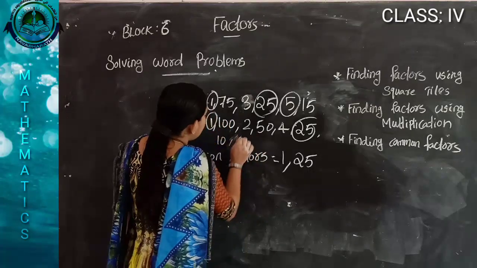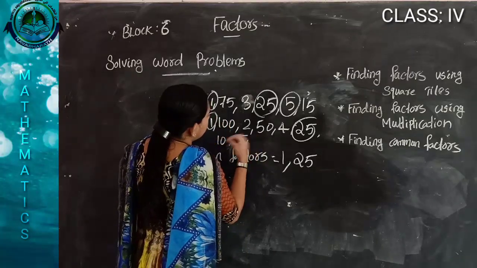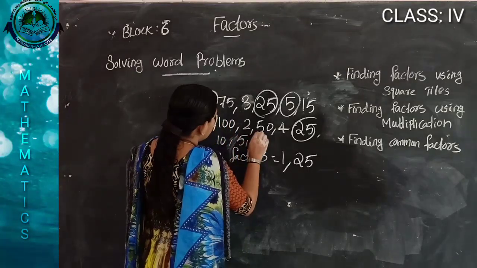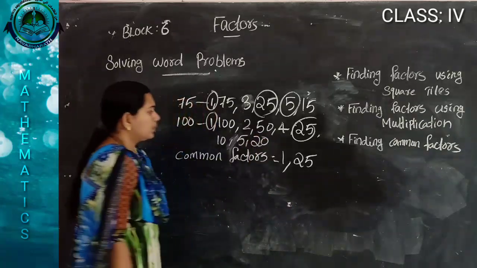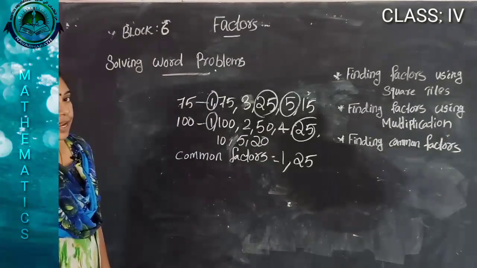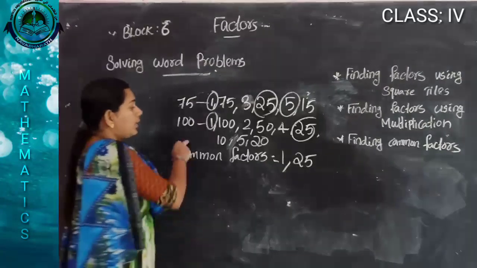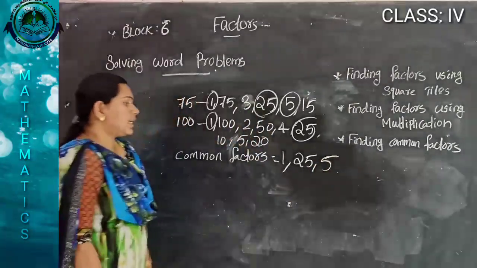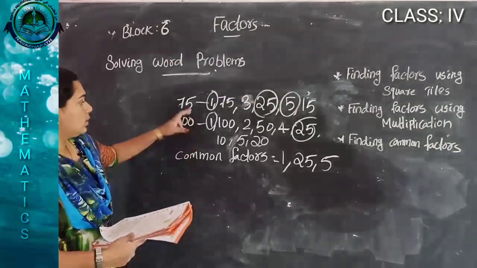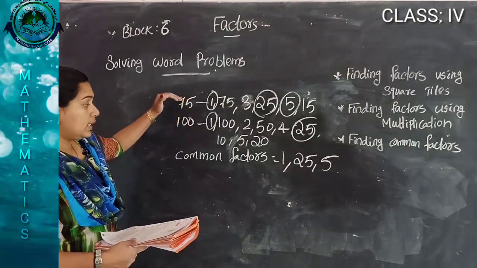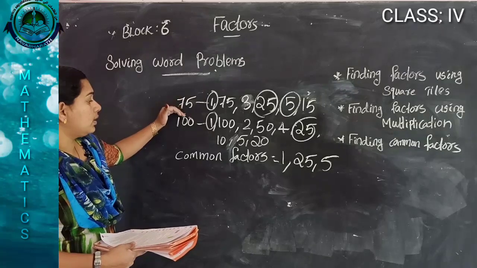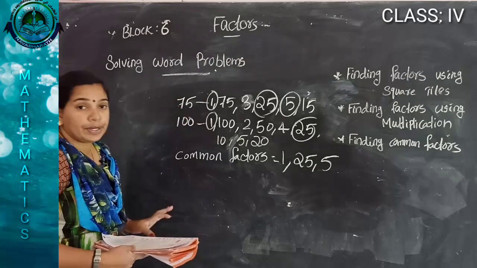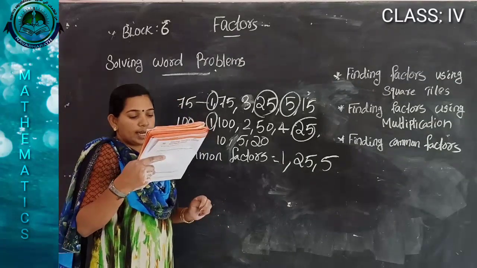Sorry, 5 into 20 is also a factor of 100. These are the common factors of 75 and 100. Got it? The last question.